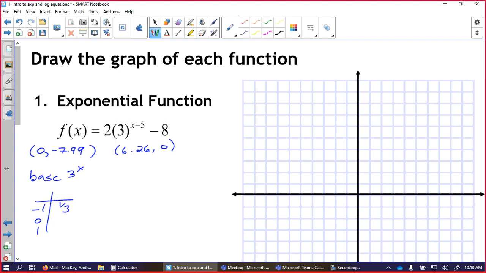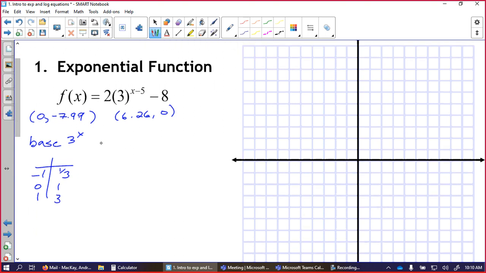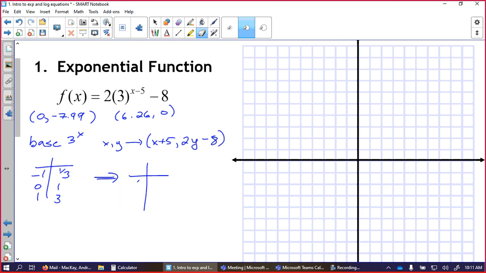So a third, 3 to the 0 is 1, so that's 3. This one is going to have a mapping rule. That's a vertical, so x plus 5, y minus 8. So this is going to transform to negative 1 plus 5 is 4, 5 and 6.